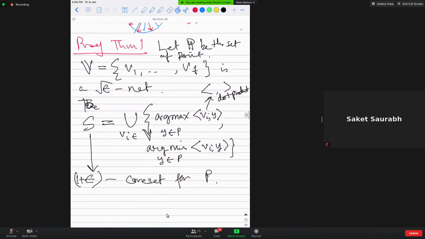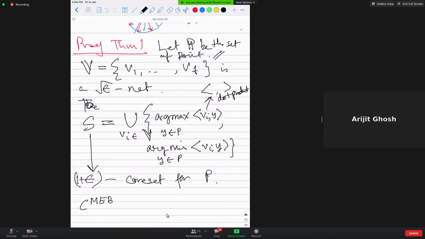Okay. So let's recall. We are given a point set P, and the goal is to calculate its core set with respect to the function CMEB.